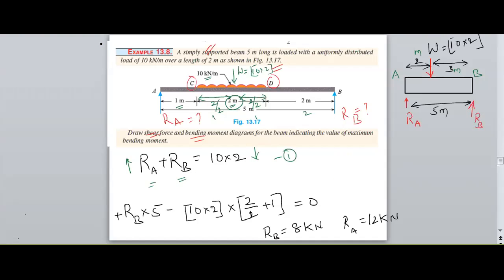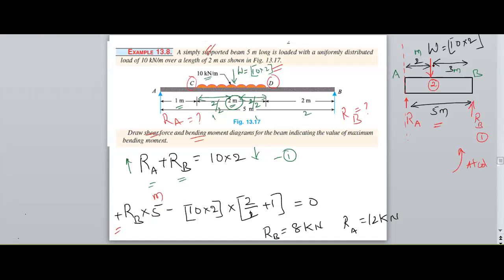And the second equilibrium condition is considering the section at A, the forces and their perpendicular distances from A. The first force is RB, with a perpendicular distance of 5 from A. Due to this force, anticlockwise direction is occurring, therefore it is positive.